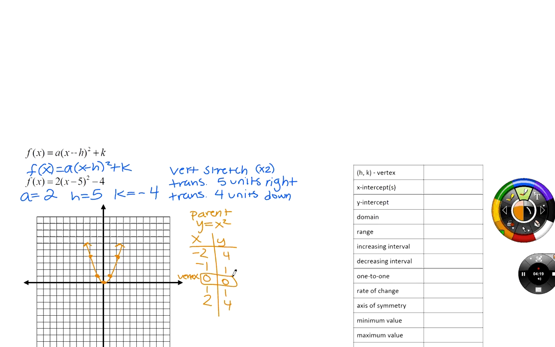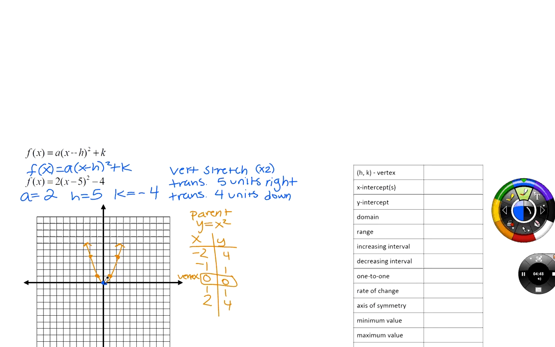Okay? So graphically, let's do everything that this says, and then we're going to do the same thing numerically and make sure that our points line up with that. So graphically, if this graph has been vertically stretched by a factor of 2, that means the y coordinate distance from the vertex, because it started at 0, and 0 times 2 is still 0, so that one's not going to change.